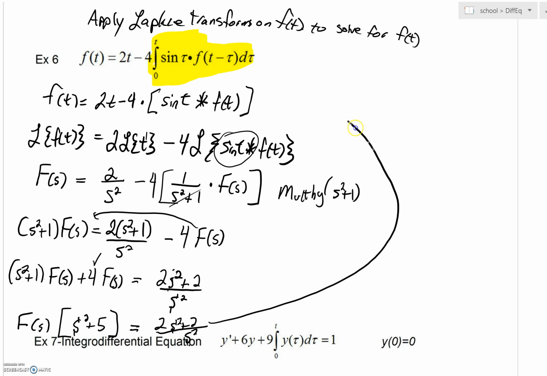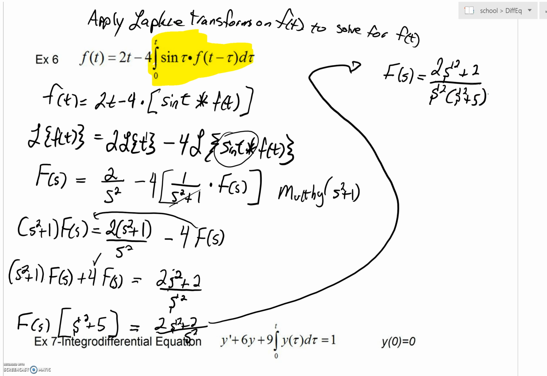Let's continue this up here in the top right corner. Solving for F of s now, we'll have our 2s squared plus 2, but then down below we're going to have our s squared, and we're also going to have an s squared plus 5.